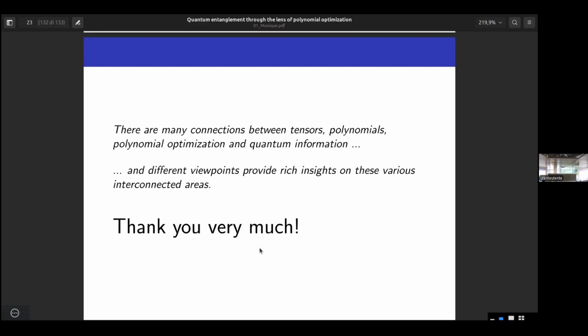So maybe that also connects to the question you asked about real versus complex. There are results by Doherty and Parrilo, which we have improved recently with Alexander Globanov.